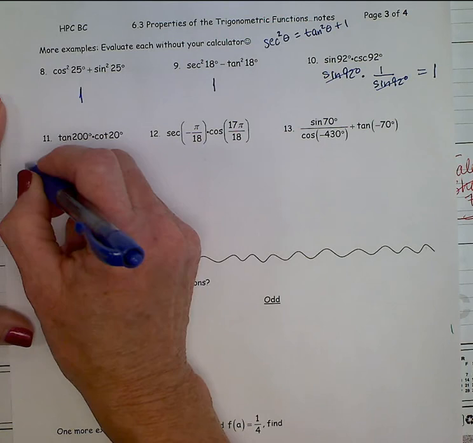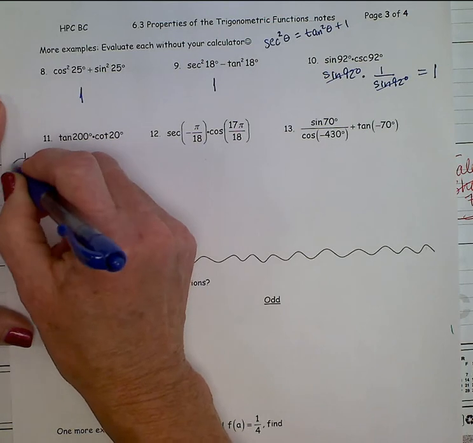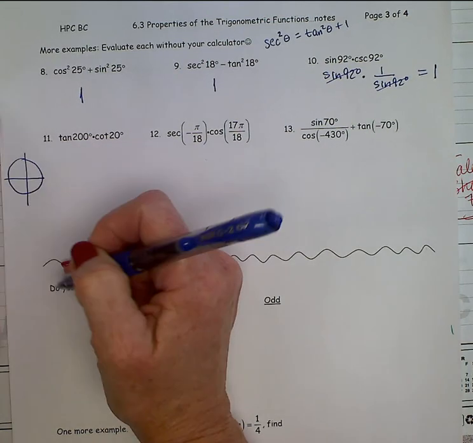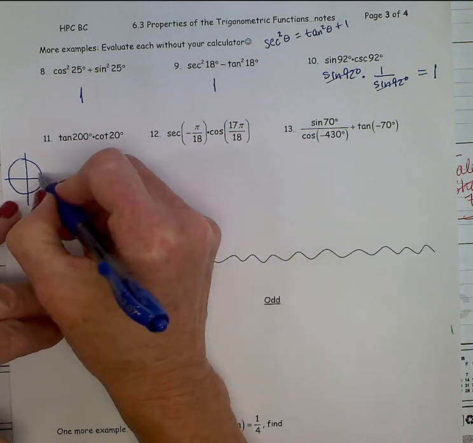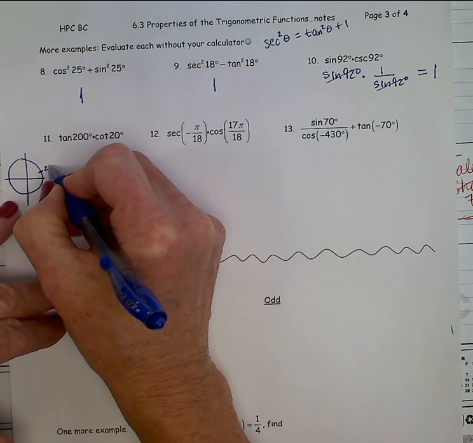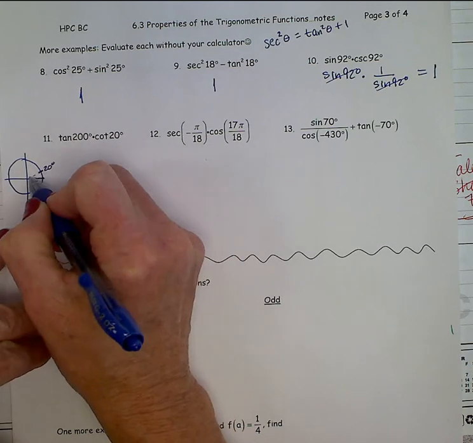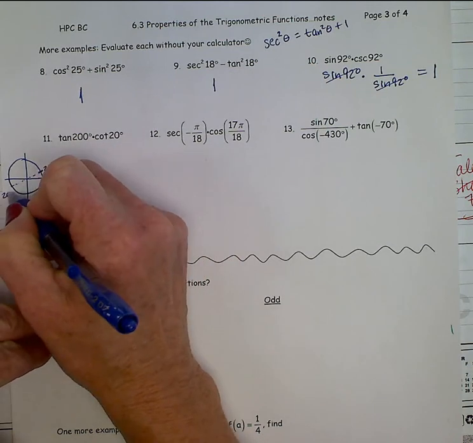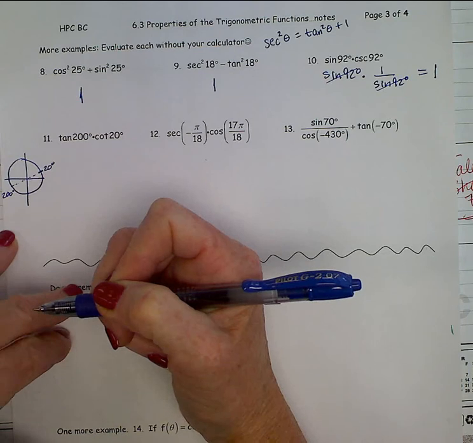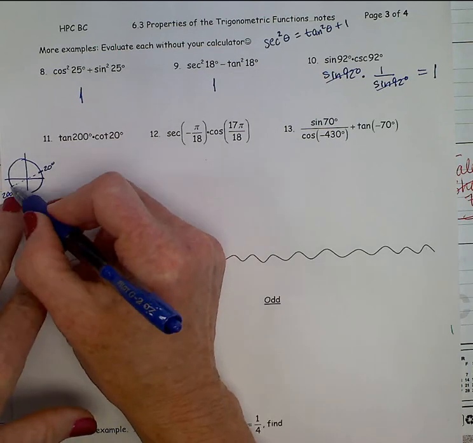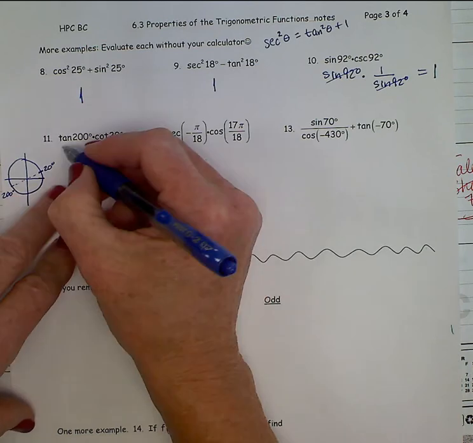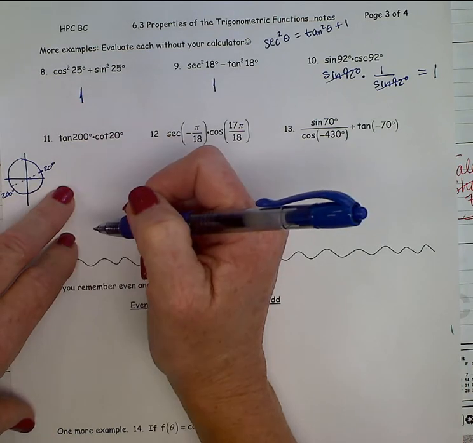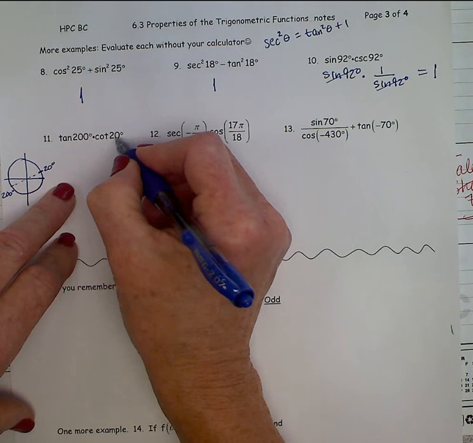So we need to think on the unit circle about where 20 degrees is and where 200 degrees is. 20 degrees right there. 200 degrees right there. Oh, look at that. They're exactly halfway around the circle from each other. All right, well, look at this 20 degrees right here.